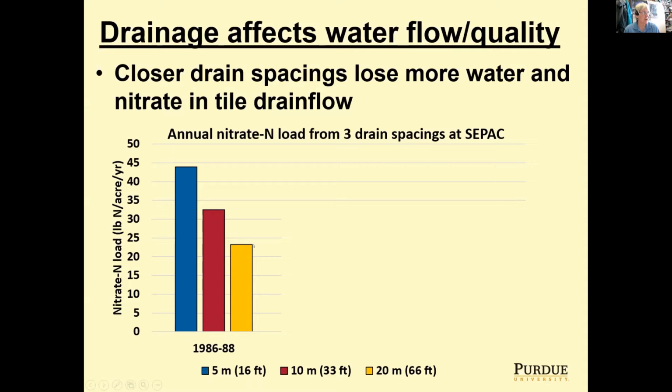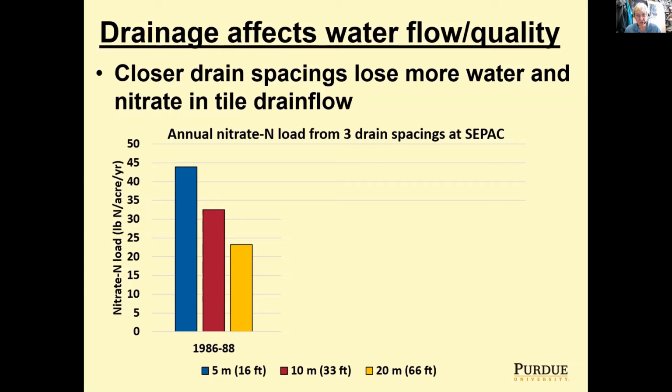We were losing on average about 23 pounds of nitrogen per acre per year coming out the tile drain. As those tiles got brought closer together, there was more water lost and more nitrate lost. And in our narrow spacing, we were losing 44 pounds of nitrogen per acre per year just coming out the tile.